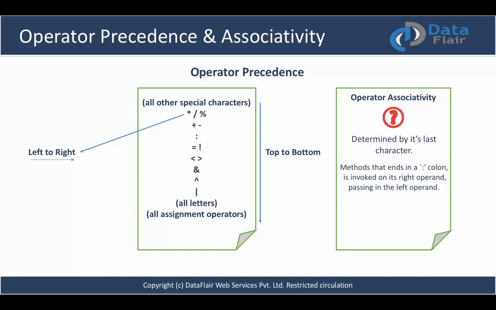But if a method ends in a colon, things will be the opposite. If you see the example, A cons operator B yields B dot cons operator A. So this is the way we use colon operators in Scala. It matters a lot if a colon is at the end of a method.